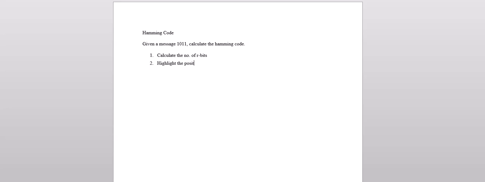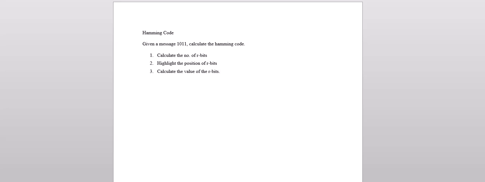You can also say calculate, but it's pretty straightforward, so there isn't much calculation. And then number 3, you calculate the value of the R bits. So we are going to follow those 3 major steps.